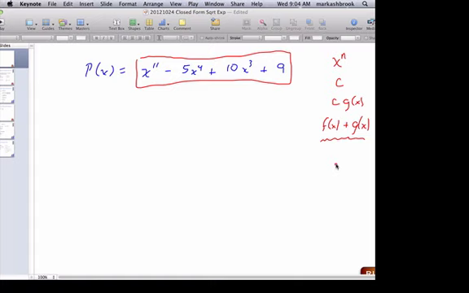Not quite. If we have a sum of functions and we want the rate of change of that sum of functions, what does the rule say? So it's the sum of the rates. So we can call this one f of x. Now like I said, you're not going to write this out, but it's the idea of identifying the parts.